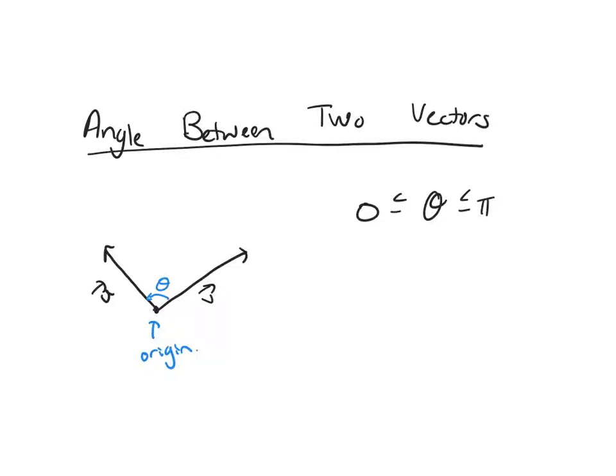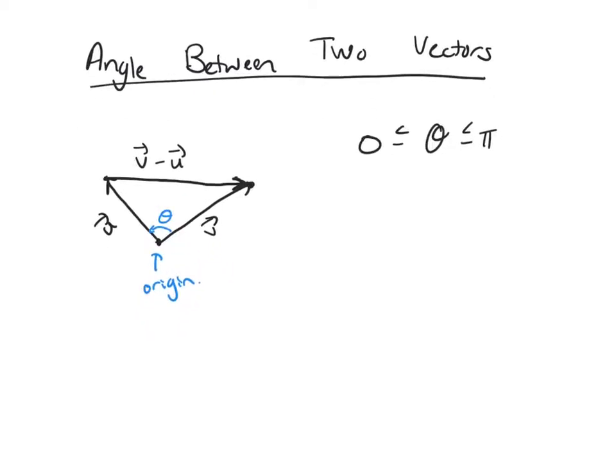And then if I fill in this picture, this vector from here to here would be v minus u. And so I want to know information about this angle theta. I do know it's between 0 and pi, but I want to have a way of actually computing it.